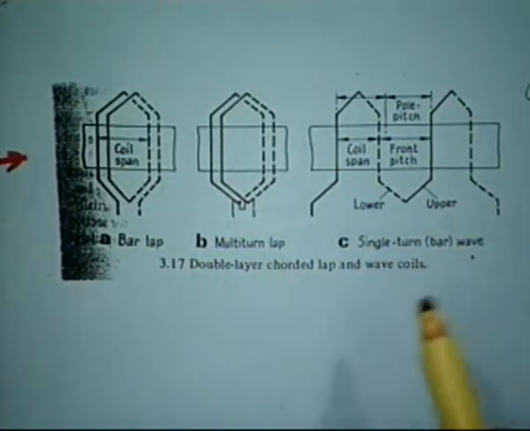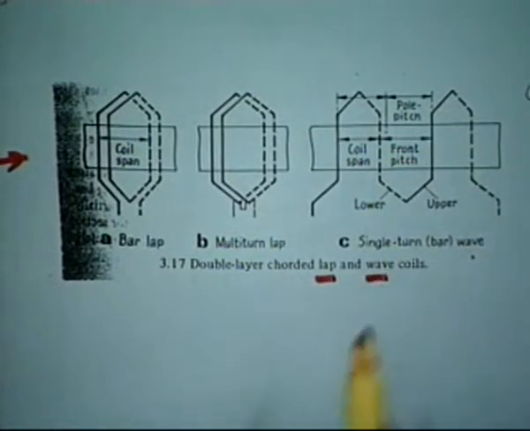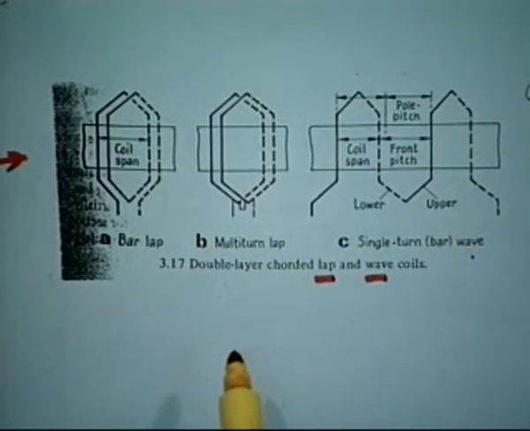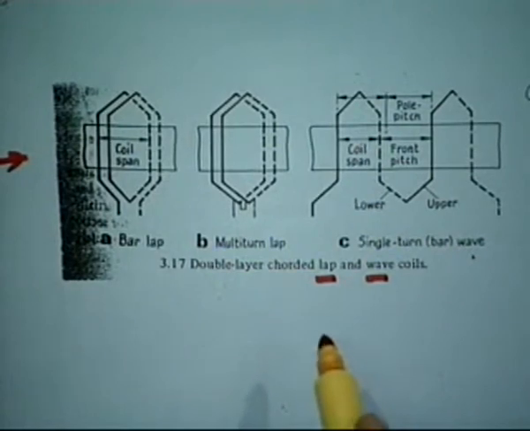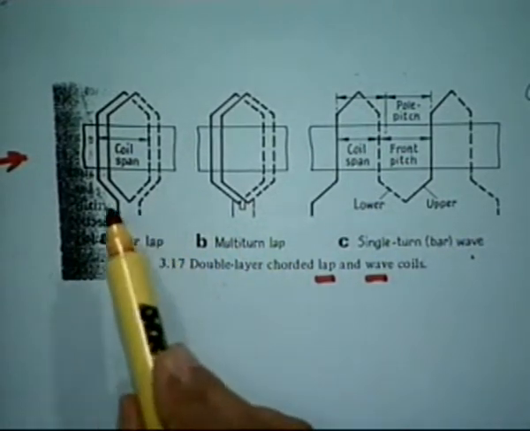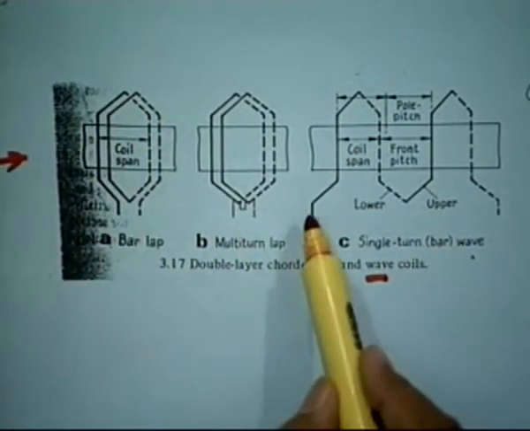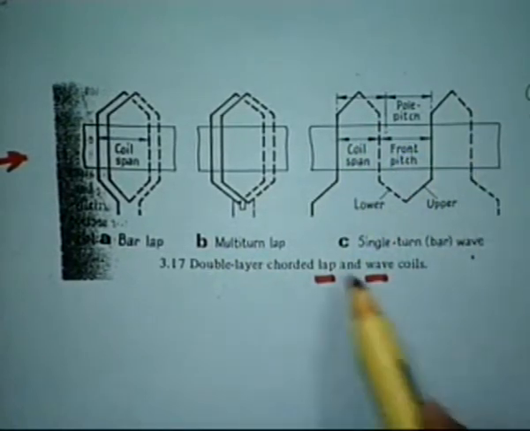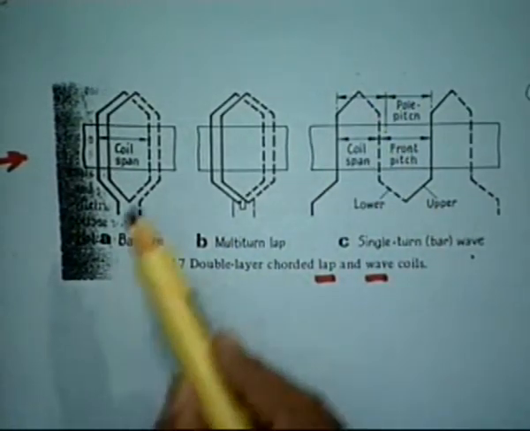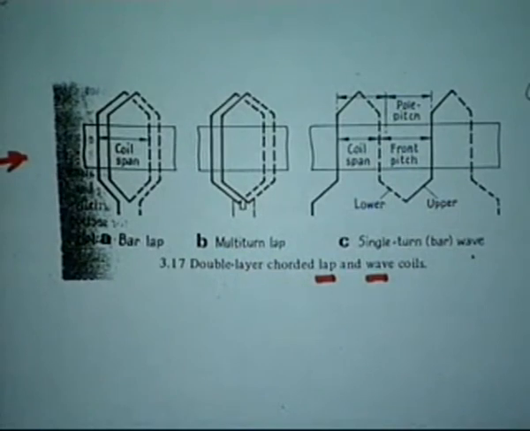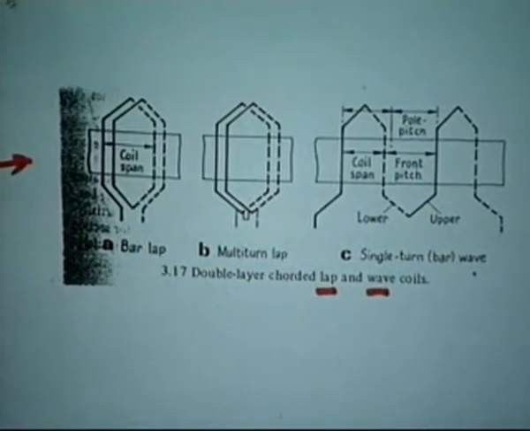These are the two types of double layer windings, lap winding and wave winding, which are in use. Okay. Is it clear? Lap is coming back to the same pole, wave is going to the next pole, but it may come back to the same pole after going through one cycle like that. Okay. So, this is one aspect.